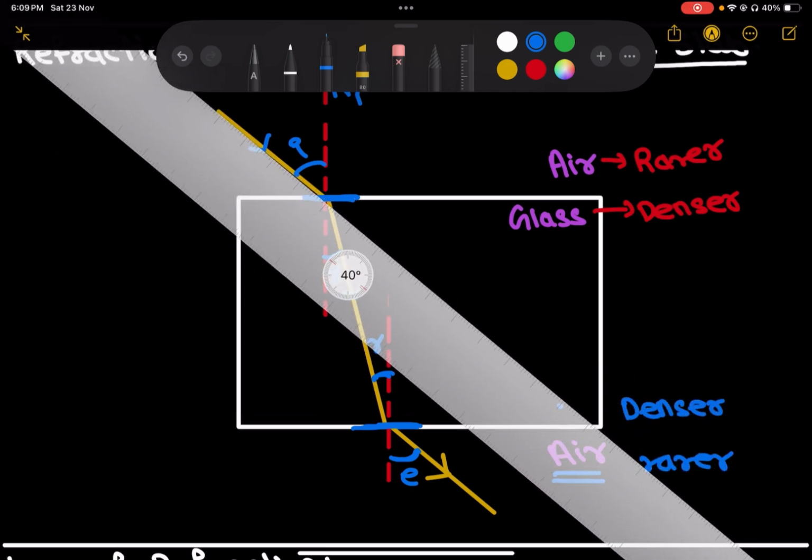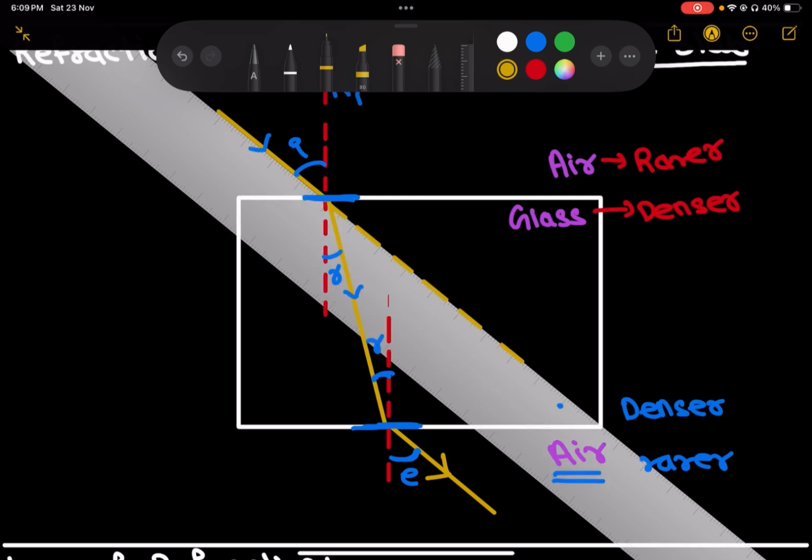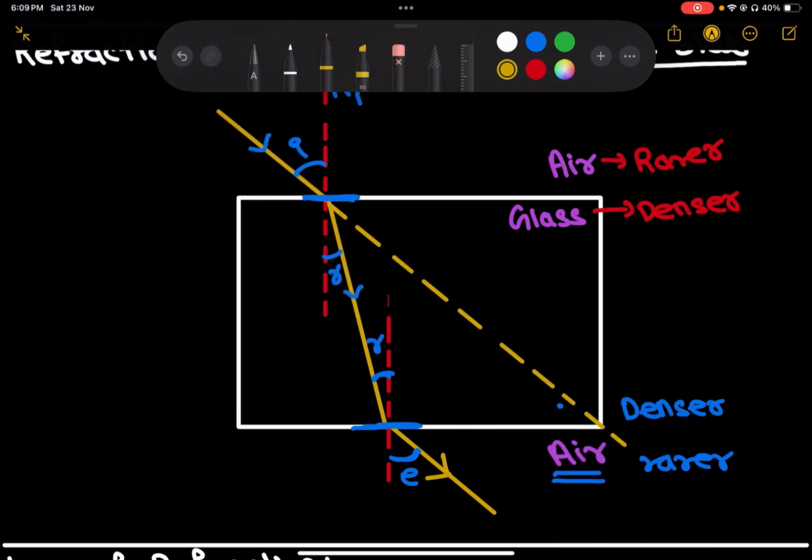Now, one more thing has to be noted in this diagram. If I extend this incident ray fully like this, you'll notice that this ray is parallel to this ray. Both rays are parallel to each other. This ray is known as the emergent ray.